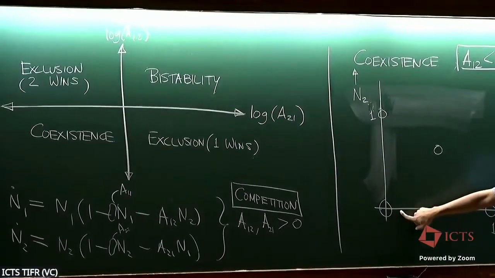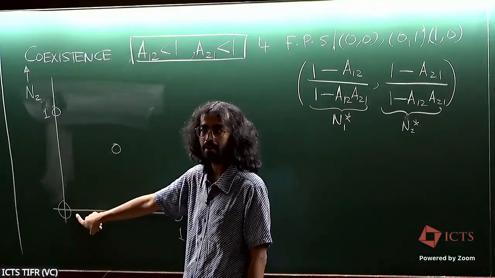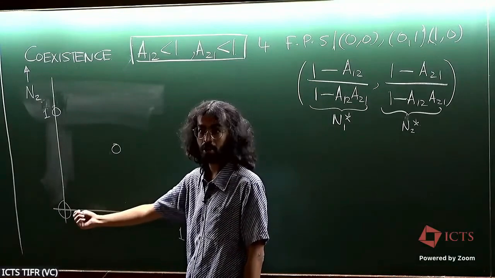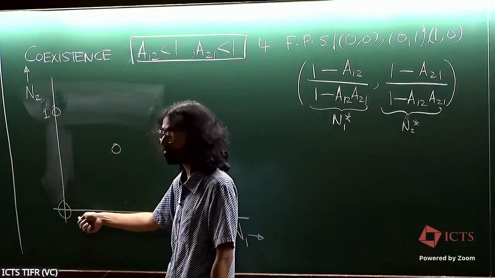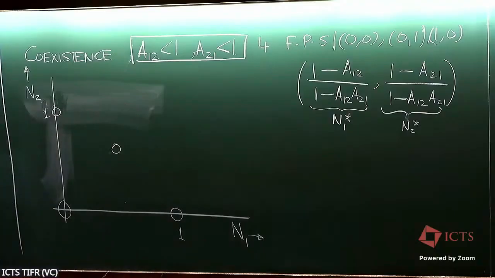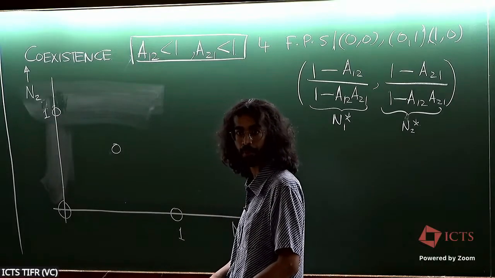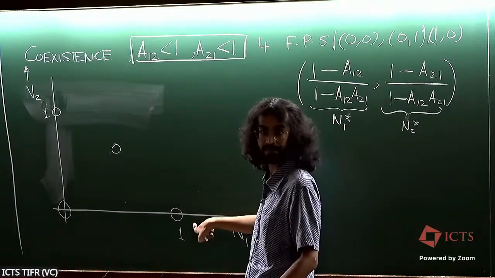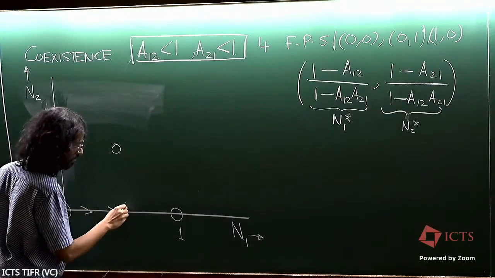What do you think, where will the flow be if you went a little bit to the right? To the right or to the left? To the right, right? And why is that? There's no species 2. This is just logistic growth for species 1, right? Logistic growth has one and only one stable point, which is just the carrying capacity, right? So along these directions, you're stable.